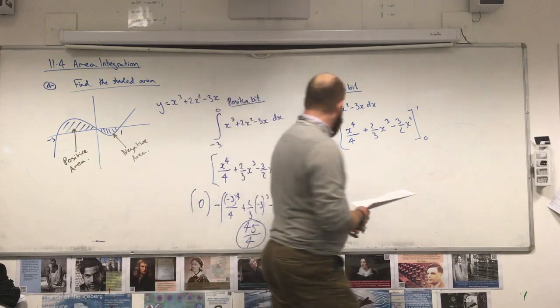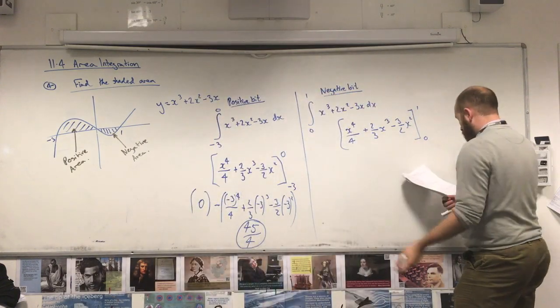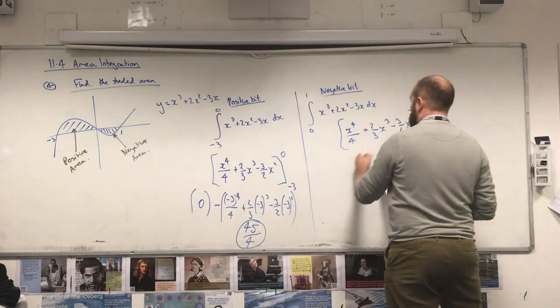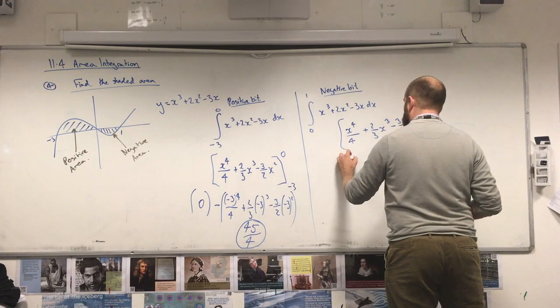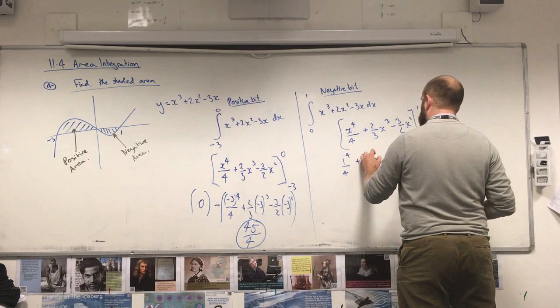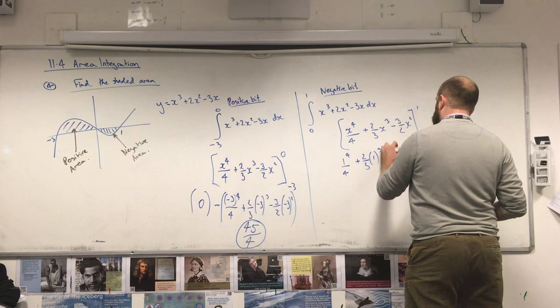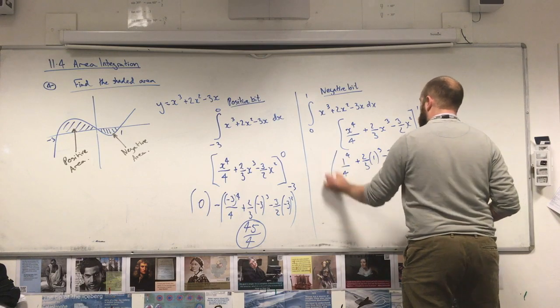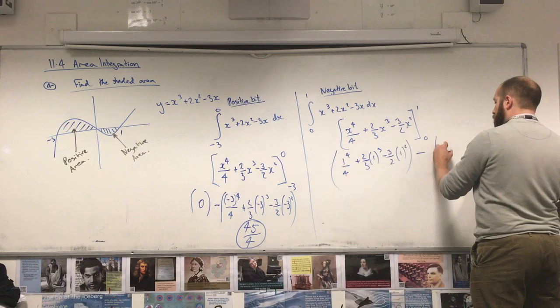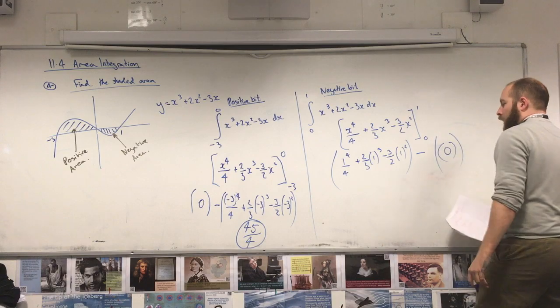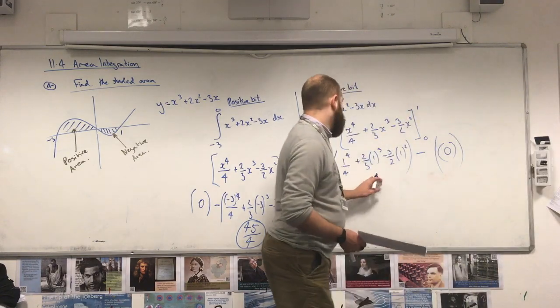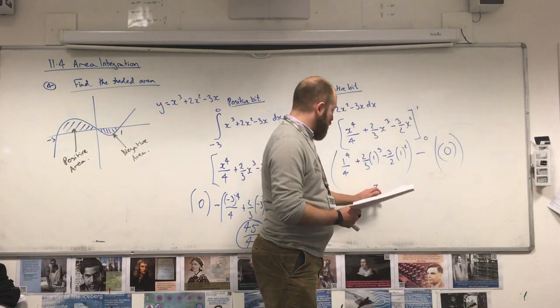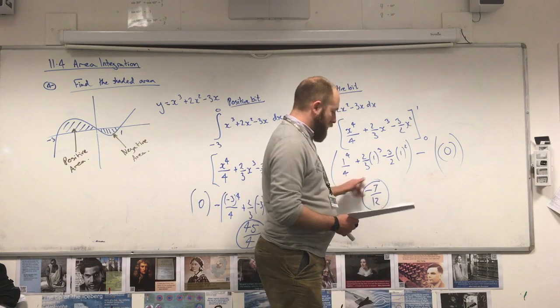Now we'll do the same thing over here. So we're going to get 1 over 4 plus 2/3, 1 cubed minus 3 over 2, 1 squared. Take away, put 0 in, and you're just going to get 0. So if we work out this bracket, I end up with -7 over 12.